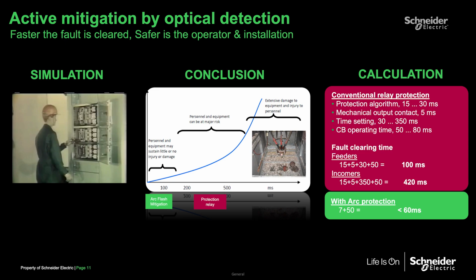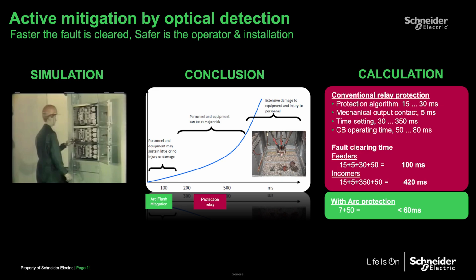What did this experiment conclude? And I think I have the same graph on my booth, where the x-axis is the duration of the arc and the blue curve is the incident energy. The more the arc is exposed to the system, the more exponential damage it does to the system. Okay?